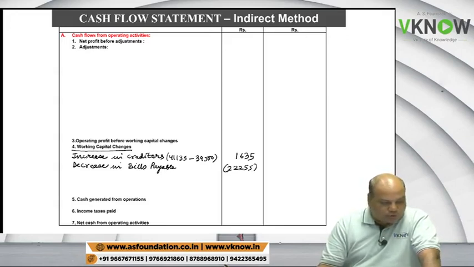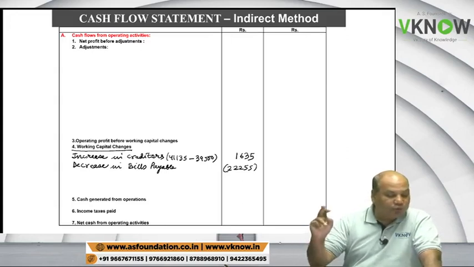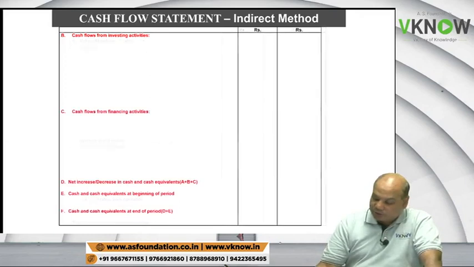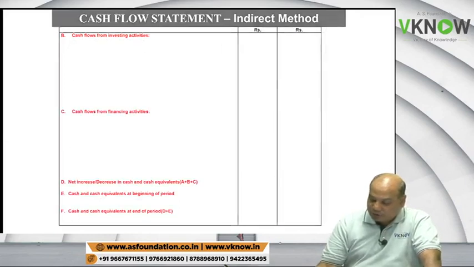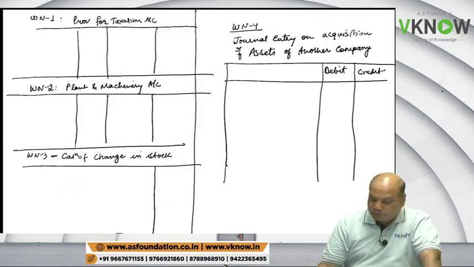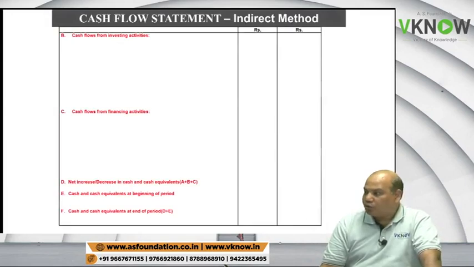Next item, bank overdraft. You see, bank overdraft opening balance is 59,510 and closing balance is 0, which means bank overdraft has been paid.